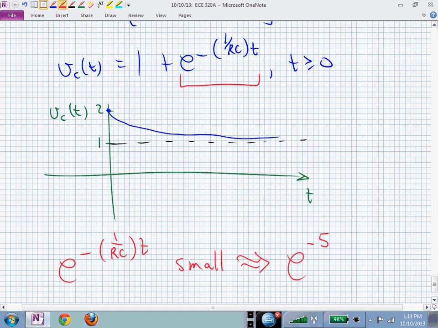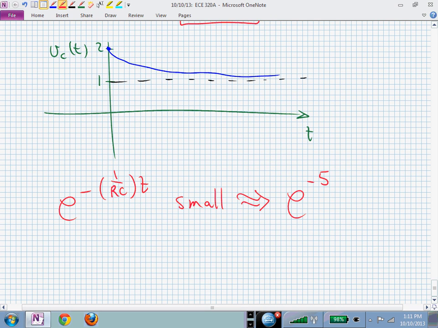Now we're down to 0.01 in 5 time constants associated with that factor. Which says that if we set 1 over RC to this, let's say t wait, we want that to be 5, don't we?